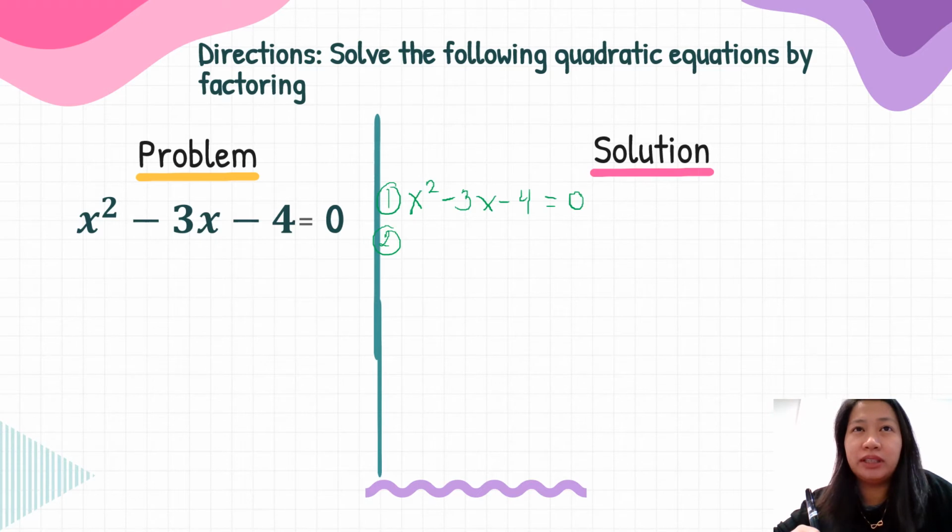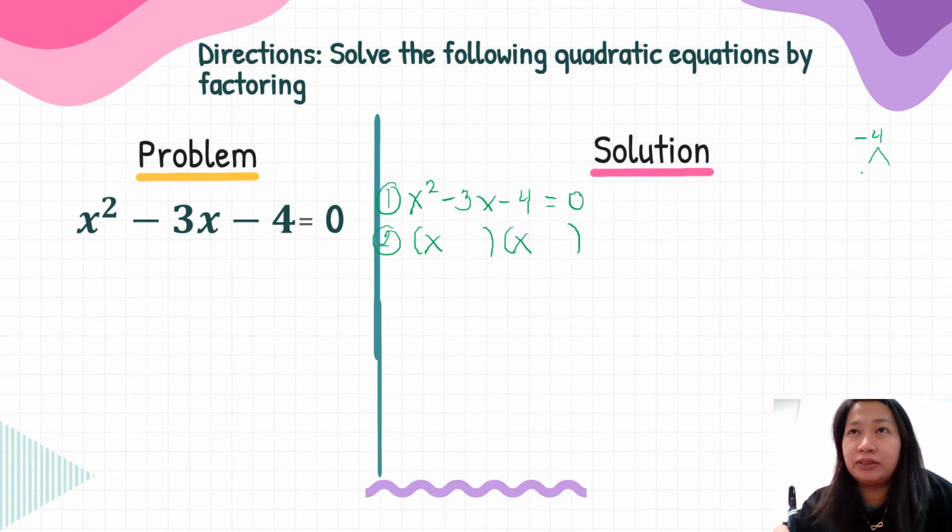Step number 2 po, ang gagawin nyo po ay factor. So, let's factor x squared minus 3x minus 4. Kapag ganito pong 1 lang ang numerical coefficient na x squared, all we do ay factor lang natin sa x squared. That's x and x. Tama? And to get the other factors po, we have to find the factors of negative 4 na kapag inad mo, the answer will be negative 3.